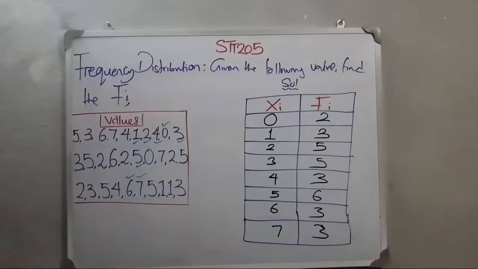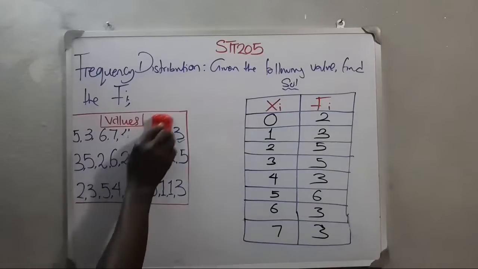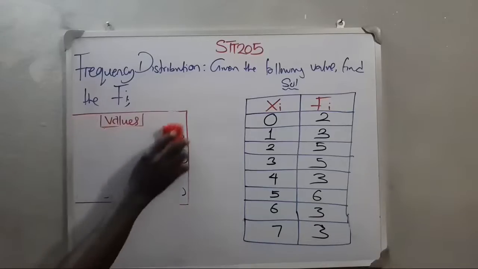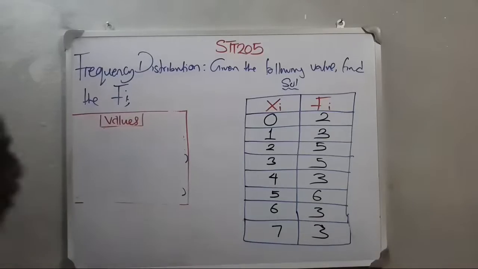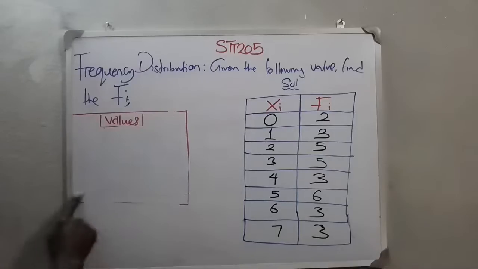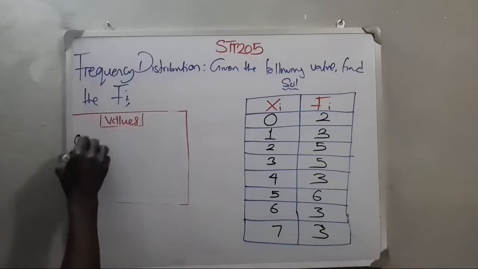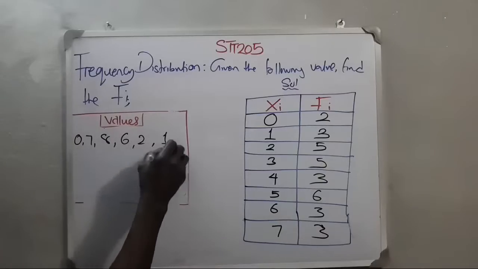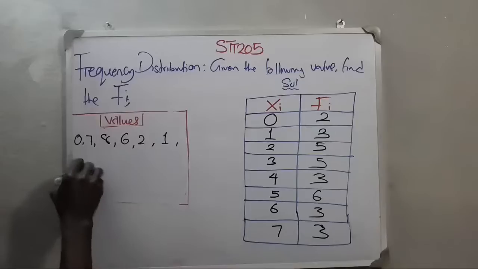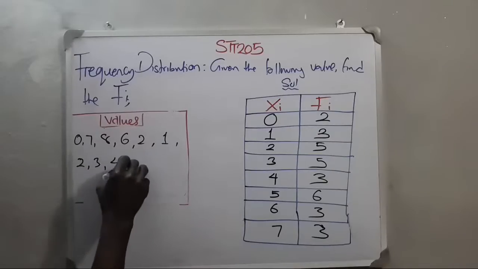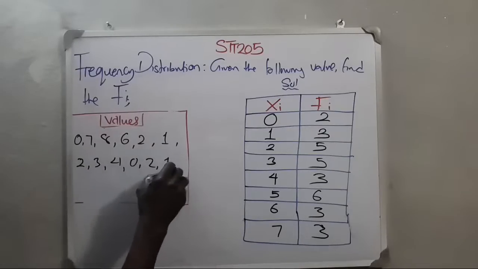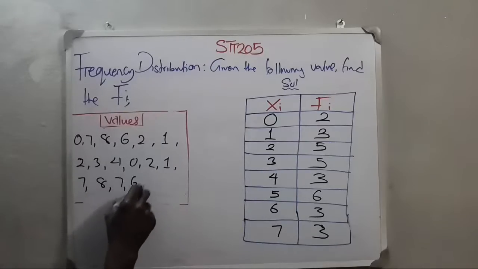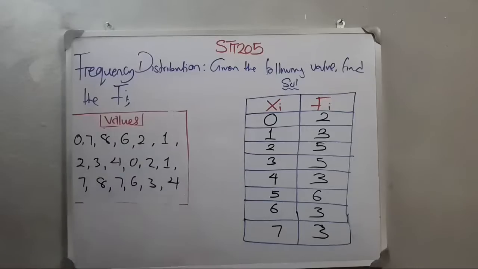For example, let's highlight some values: 0, 7, 8, 6, 2, 1, 2, 3, 4, 0, 2, 1, 7, 8, 7, 6, 3, 4.